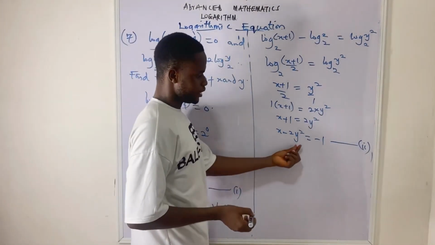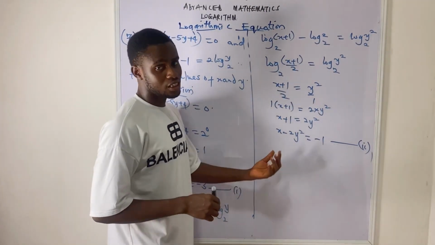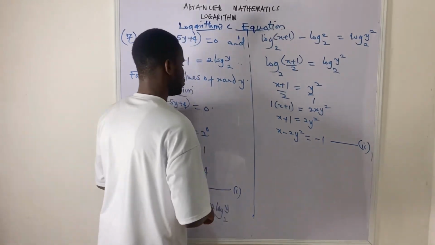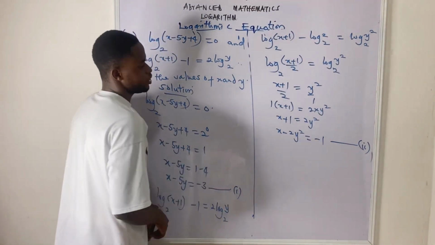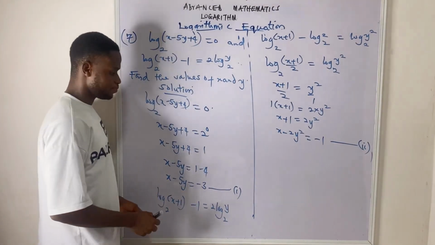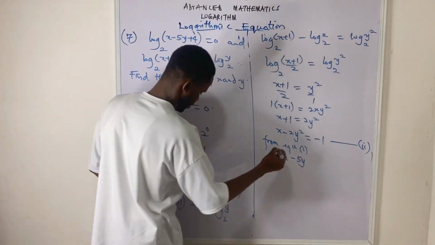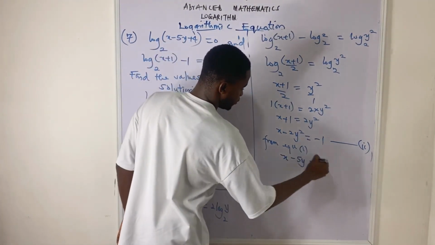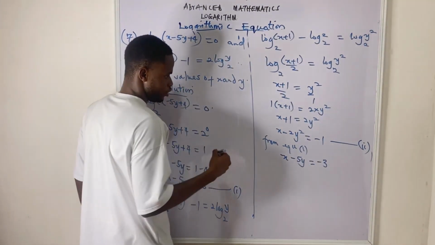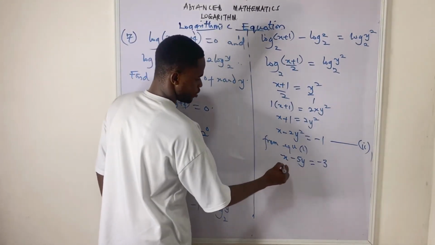Now, since one of the unknowns here is a power of 2, it is a quadratic equation. So the best way to solve this problem is to use the substitution method. From equation 1, you can see that x minus 5y equals minus 3. So you can make x the subject here.